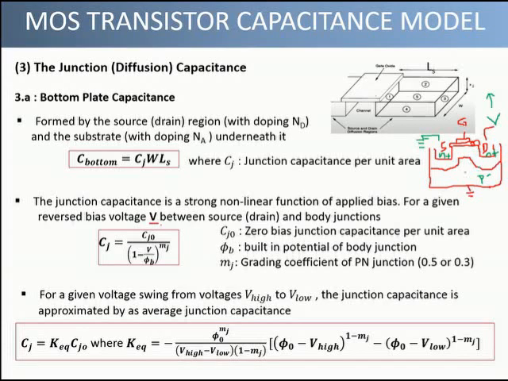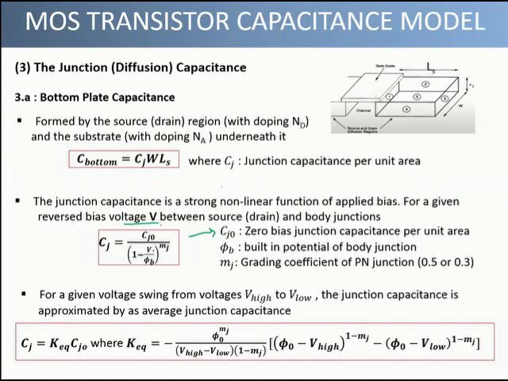As a result, the junction capacitance will change. So we see that this junction capacitance is strongly affected by the amount of reverse biased voltage between drain and body, and also between source and body.